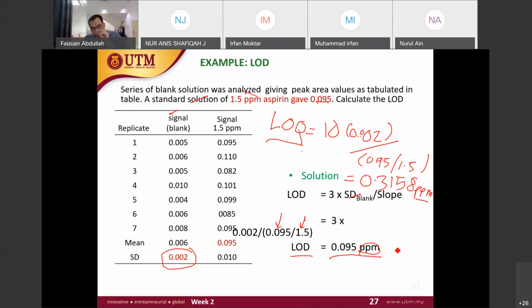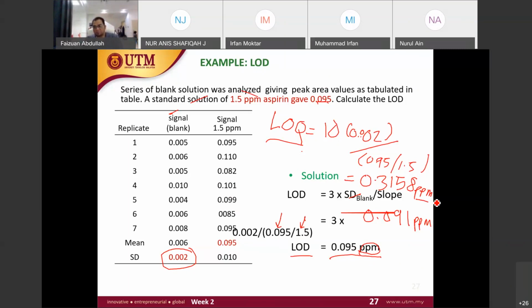If you analyze using this instrument and you get a value of 0.091 ppm, and you present this value in your result, saying that in sample A you have 0.091 ppm of vanillin X.